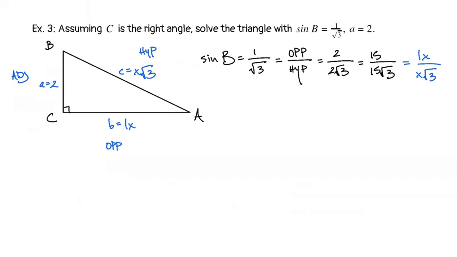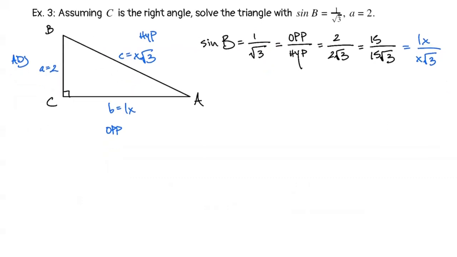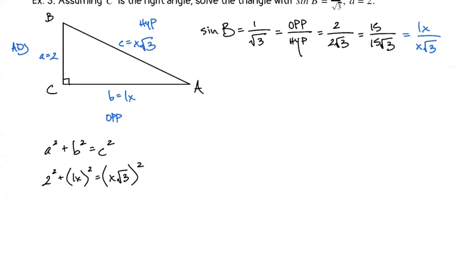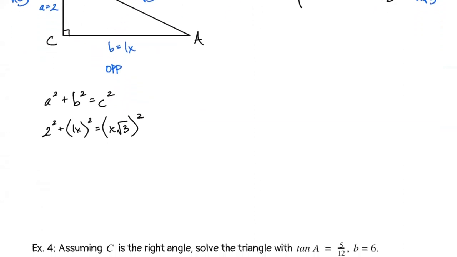Here's what that allows us to do. This allows us to go back to our friend a squared plus b squared equals c squared and fill in some information. So we have 2 squared plus (1x) squared equals (x square root of 3) squared. All right, let's simplify.